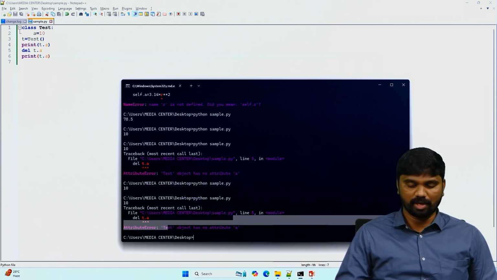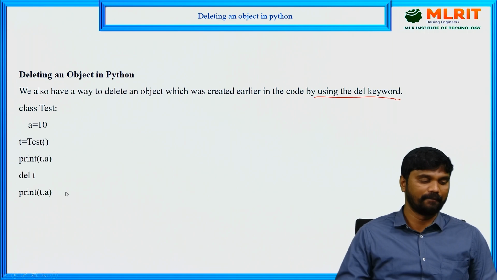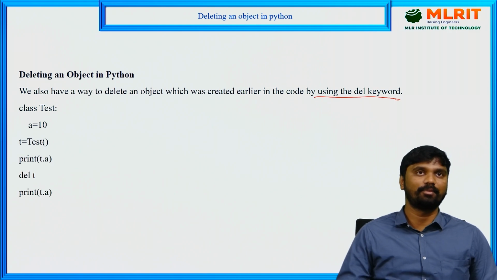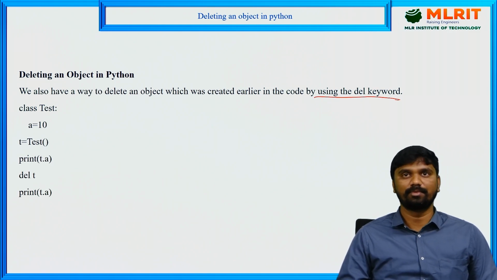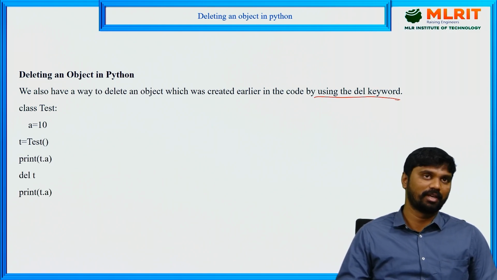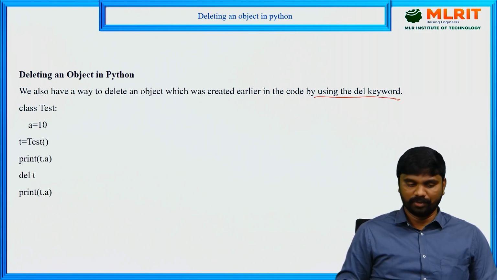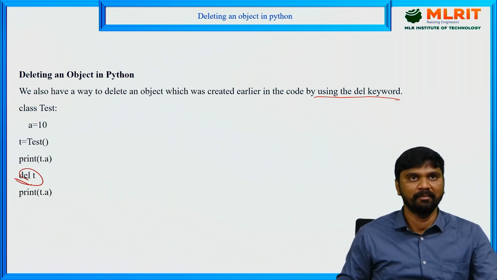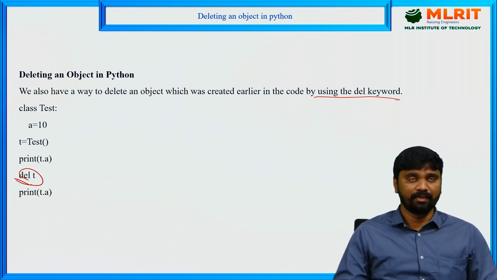Okay, test object has no attribute a. Because why? We deleted that object. So whenever we delete that object, then how will that attribute belong to that object? So that's why here we get that test object has no attribute a. So this is about deleting an object and deleting an object's attributes, right?